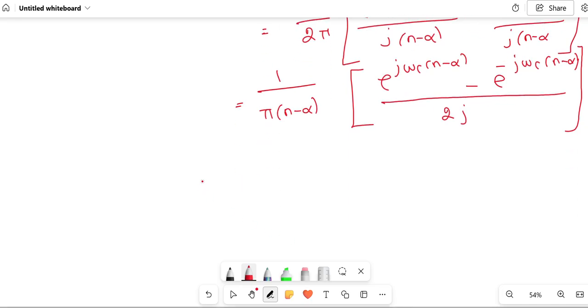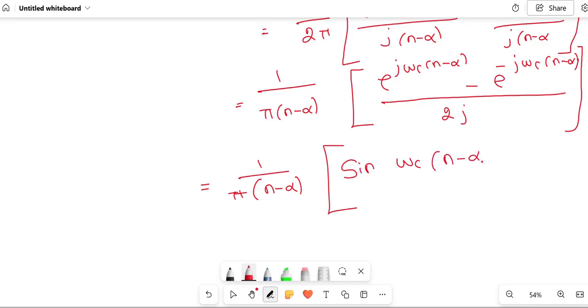Which is equal to 1 by pi n minus alpha, sin omega c of n minus alpha.